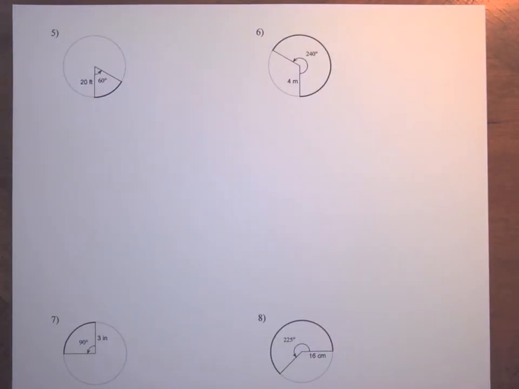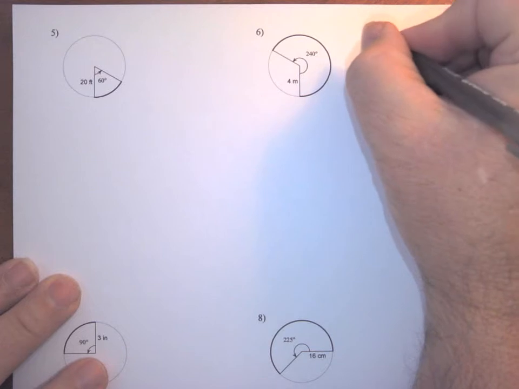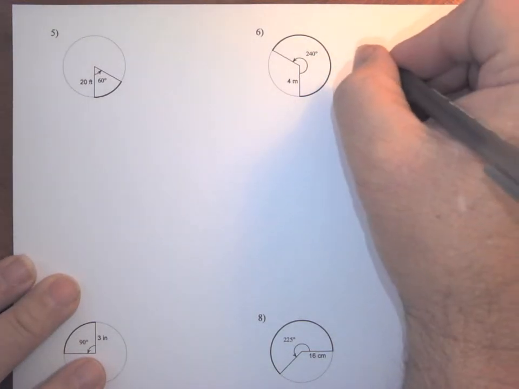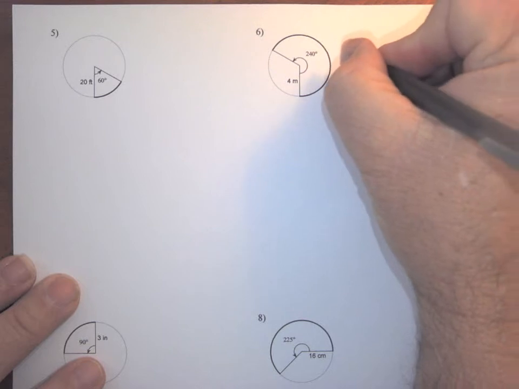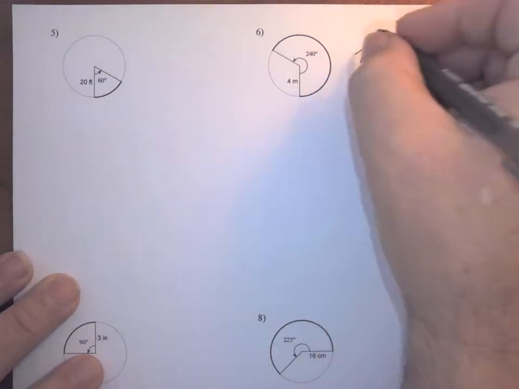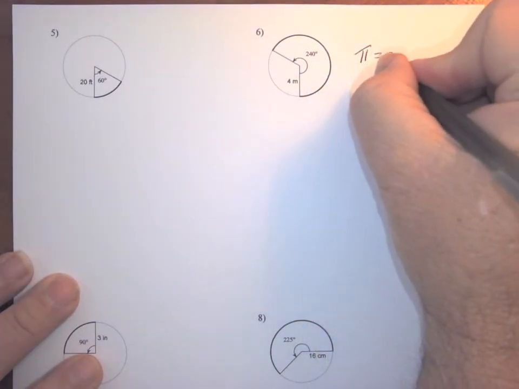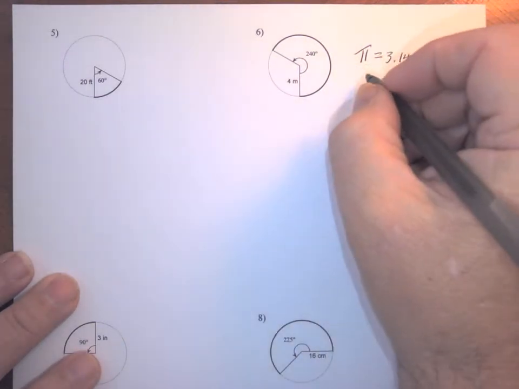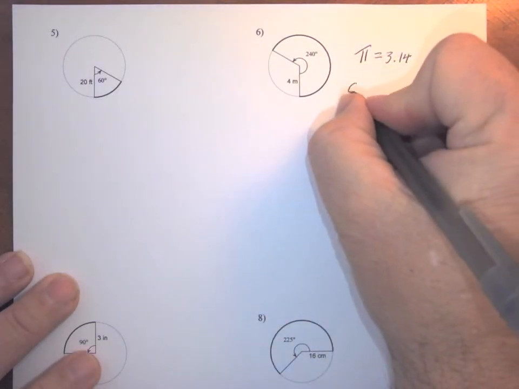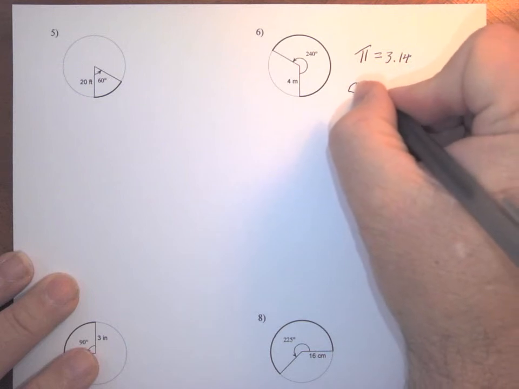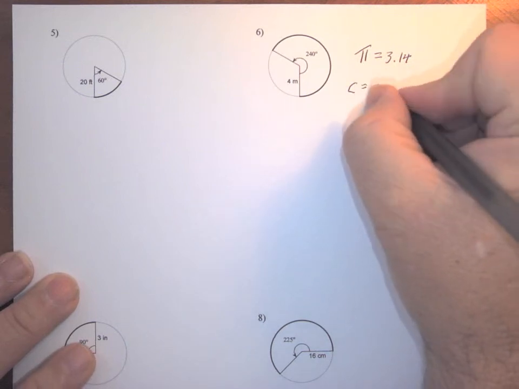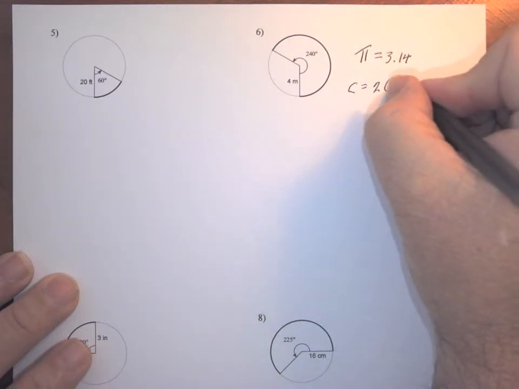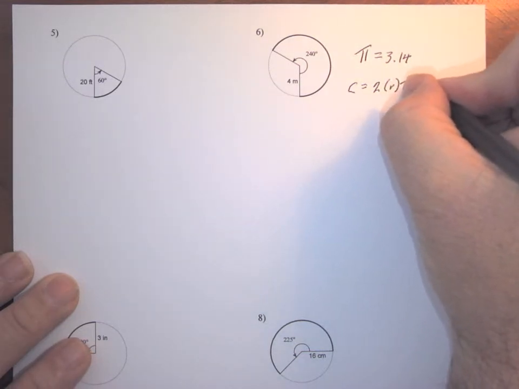So to do this, we need to know a couple of things. First thing we need to know is for pi, we're going to use 3.14. Okay? And if you'll remember, the circumference of a circle is equal to 2 times the radius times pi.